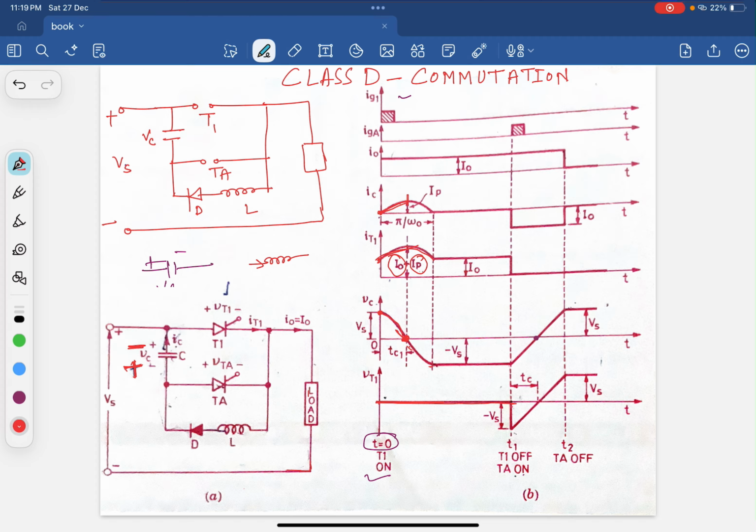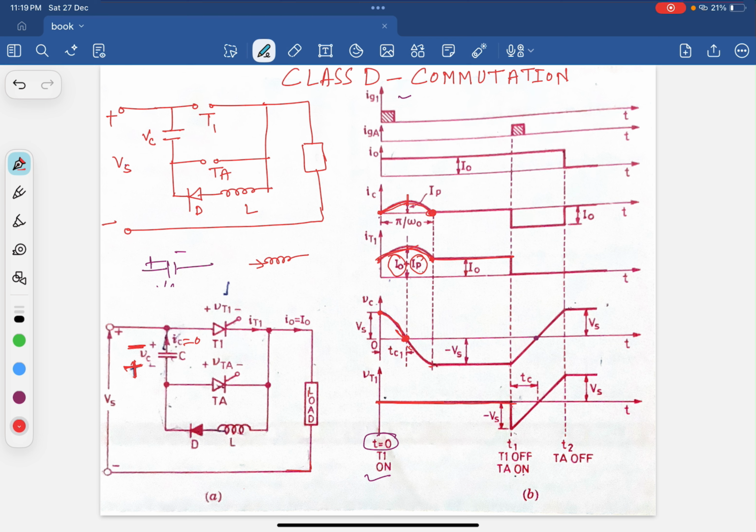Now what happens? The charging current falls and reaches 0, and the thyristor current reaches that point, and now only the load current is left. Only the load current passes through IT1 because the charging current is 0.